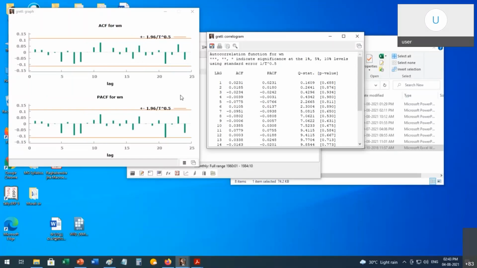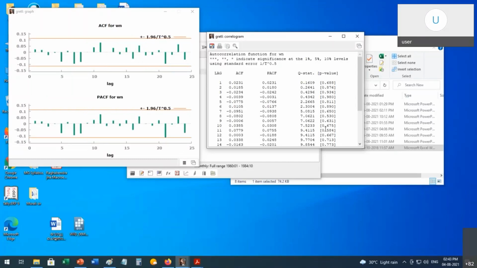Sir, is the ACF a Portmanteau type test? In this Q statistic, the Portmanteau test, the first one will have a star. That means it is significant. All others will not have a star. They are all insignificant.